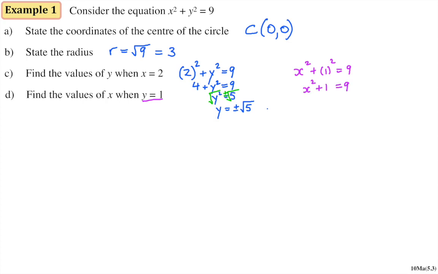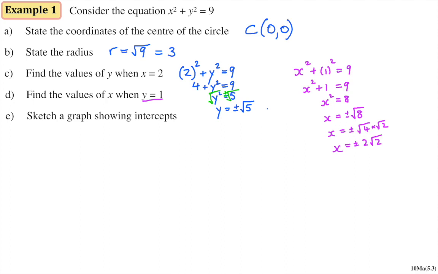Let's minus 1 to both sides. 9 take 1 is 8. Now I take the square root of both sides, but remember there is a plus case and a minus case. And some of you that remember surds may remember this goes down further. Square root of 8 is square root of 4 times the square root of 2. So x equals plus or minus 2 square root 2, because I know the square root of 4 is just the number 2. But if you leave it like that at the moment, that's fine, but ultimately you need to remember your surds.